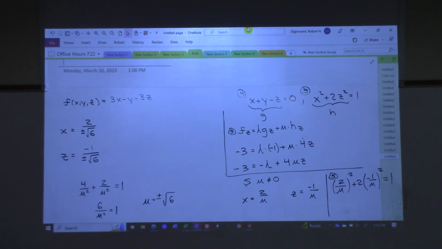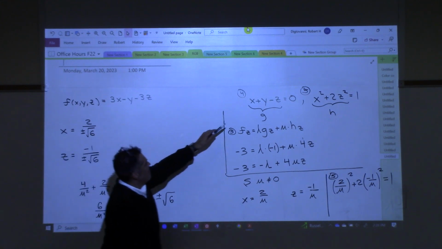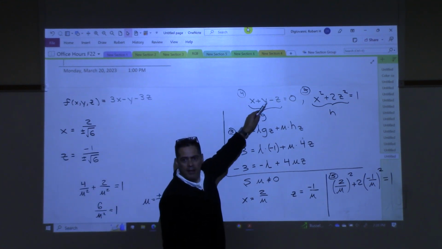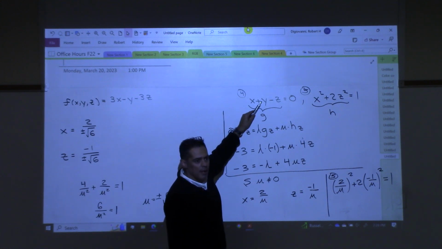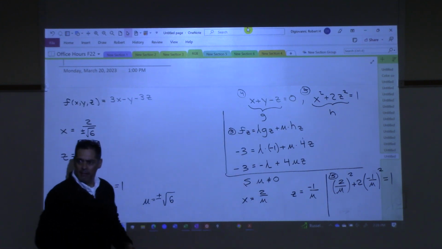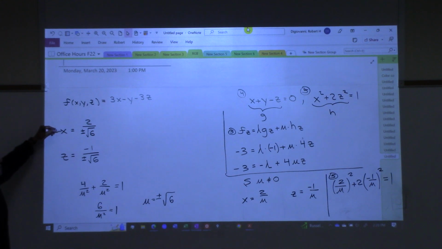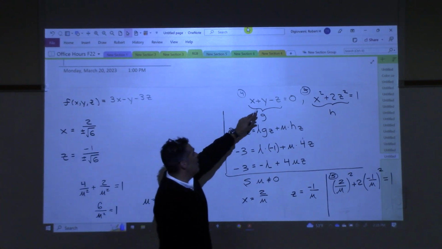If I know what x is and I know what z is, then I can get what y is, can't I? I'll have different scenarios I have to look at: the positive and positive, or the negative and negative, or the positive and negative, or negative and positive. But we should be able to solve for y on each one of them.